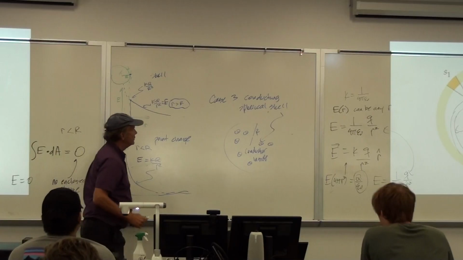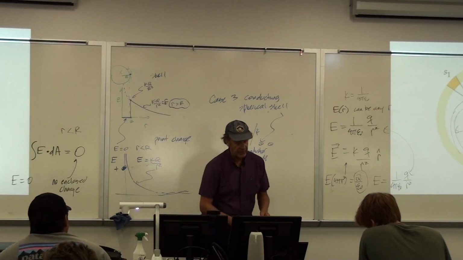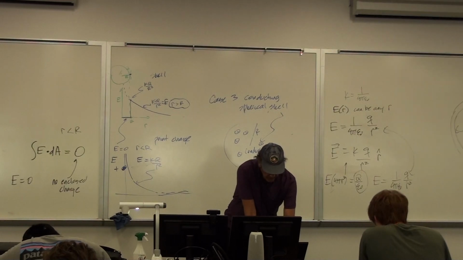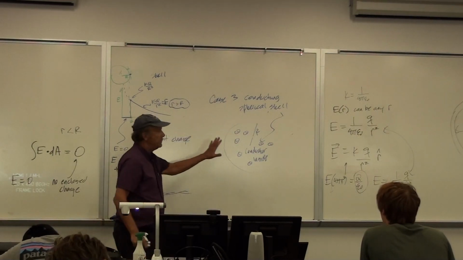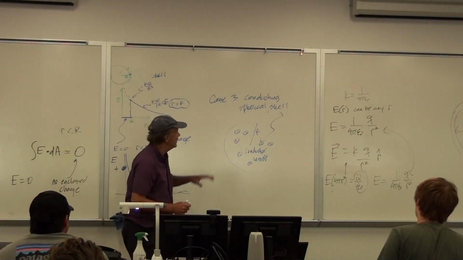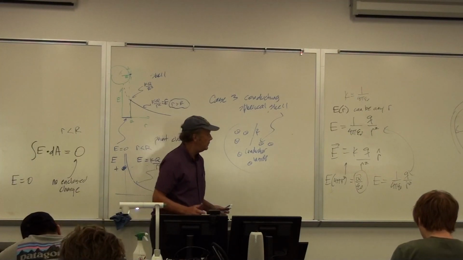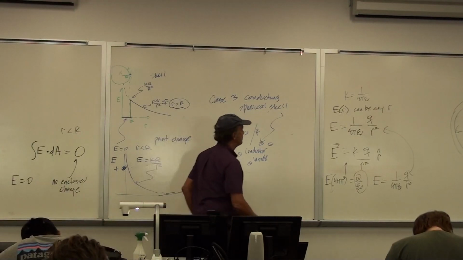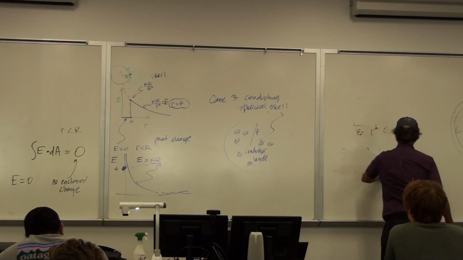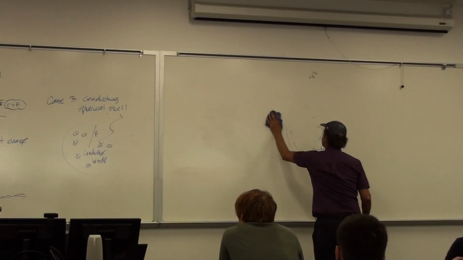What the electrons are going to do is repel each other until all the charges are as far apart from each other as possible. And because it's a conductor, there's not much resistance to the motion of the electrons, so the electrons just move. For an insulator, the charges would be locked into place. So we'll look at that in a little while. But for the moment, let's say that the charges are free to move. So the net tendency is to make the electric field 0 inside of the conductor.